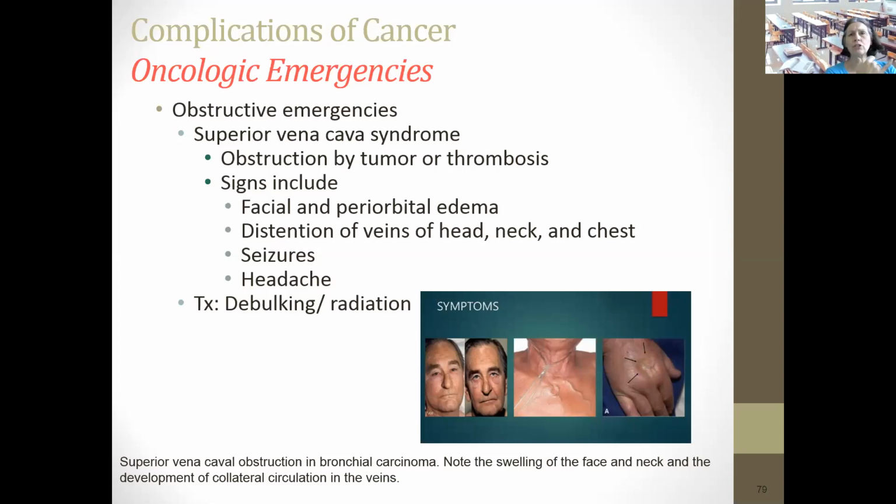And if they're having seizures and increased intracranial pressure, that's certainly an oncologic emergency. If we're obstructing fluid back to the heart, their cardiac output's going to drop. So we have to do something to shrink that tumor up. We will take them for a debulking procedure, a surgical procedure where we remove large chunks of the tumor and make it a smaller tumor burden, or radiation to shrink the tumor.